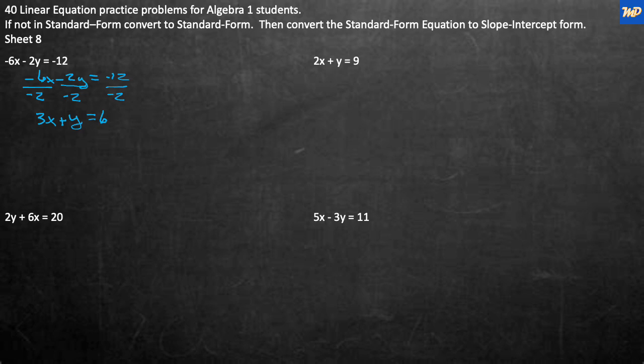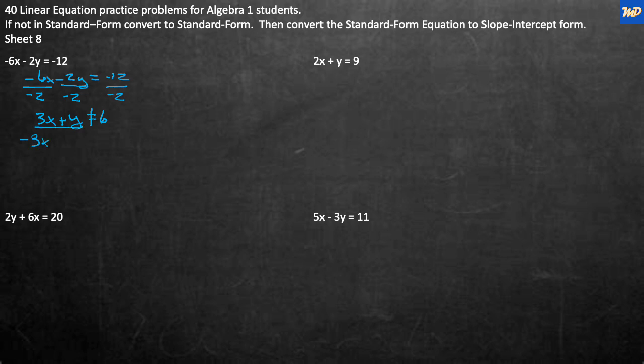So the y is in the right form already. See why we did this? Because now the y is reduced down to a singular 1, coefficient of 1, positive 1. So now we're ready to move the x to the right-hand side. So I'm going to say negative 3x.